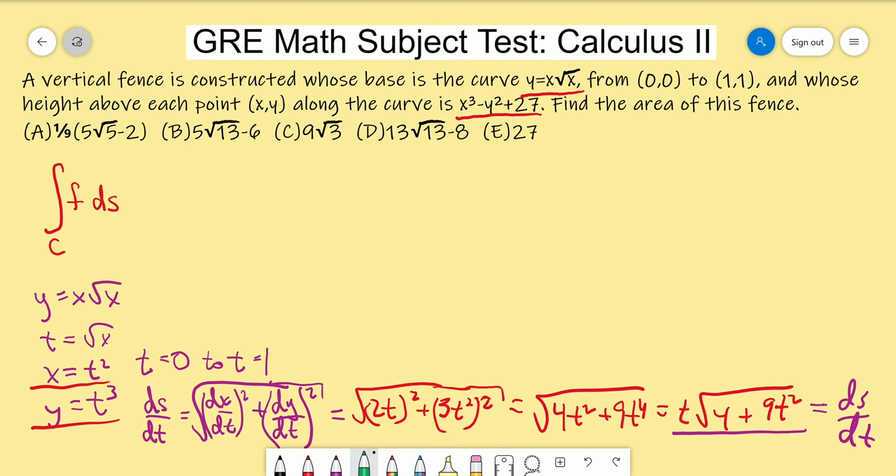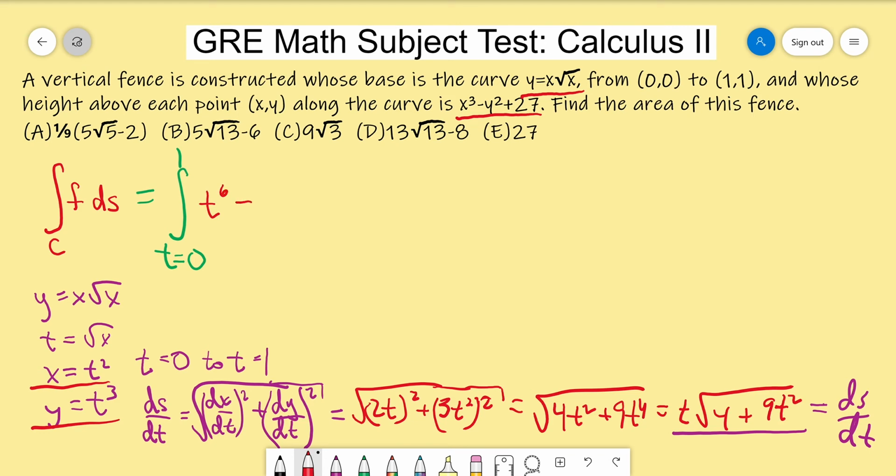So this integral is going to be the integral from t equals 0 to 1. And now f we're going to write in terms of t. So our function f, instead of x cubed, we're going to have t squared cubed, which is t to the 6th, minus y squared.